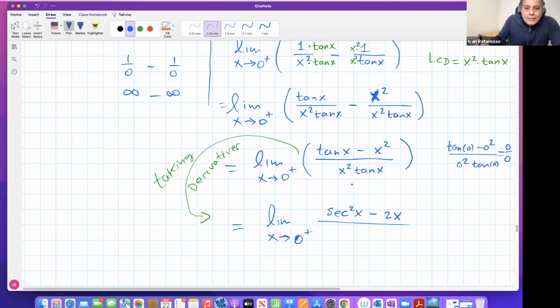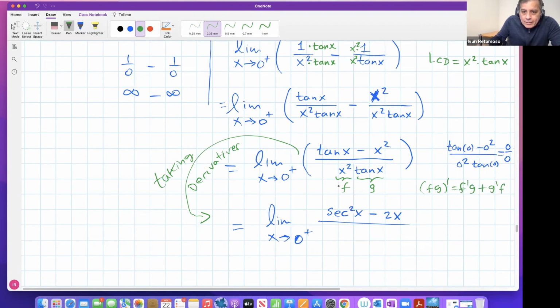Derivative of the bottom: here I have the multiplication of two functions. So call this function f, call this function g, and apply your product rule. The product rule says, remember, the derivative of f times g is f prime g plus g prime f.